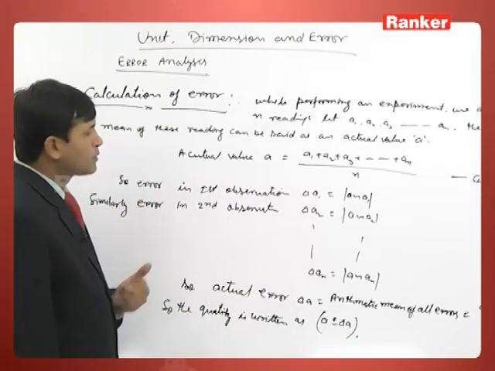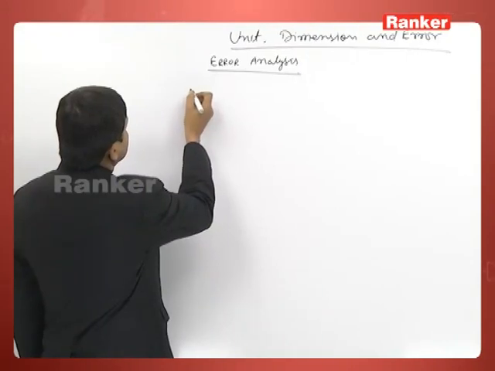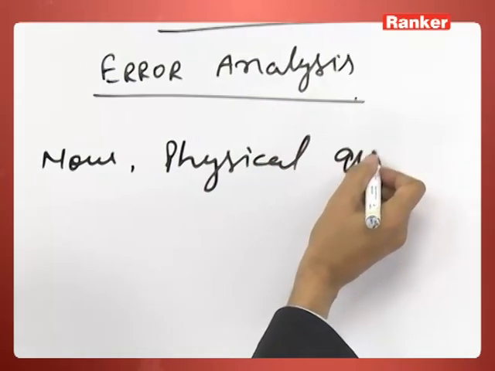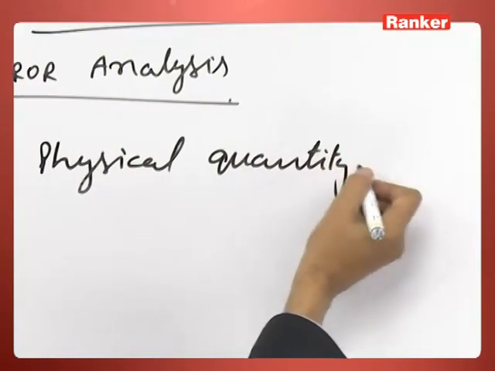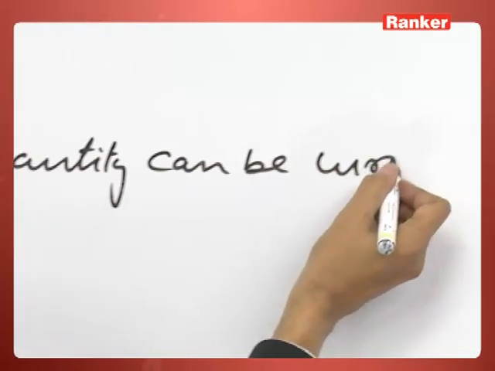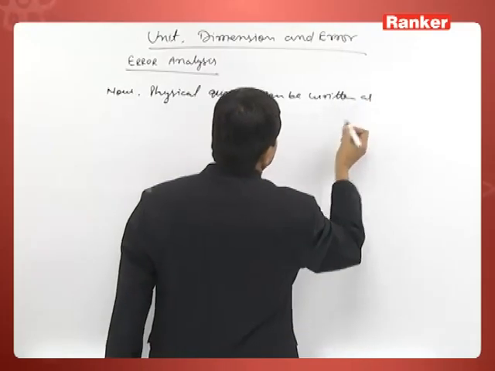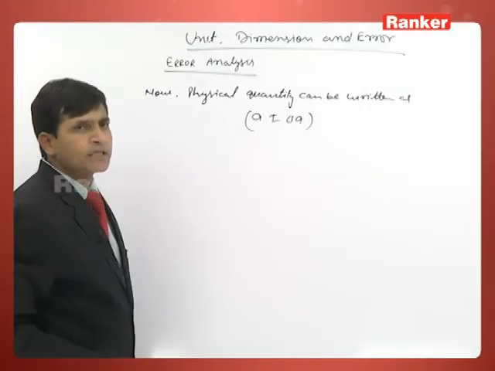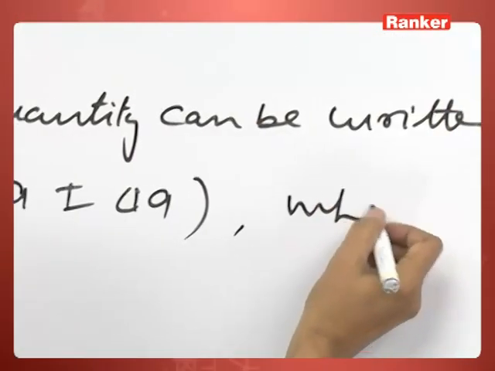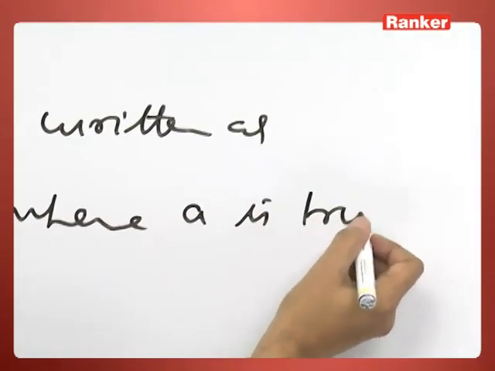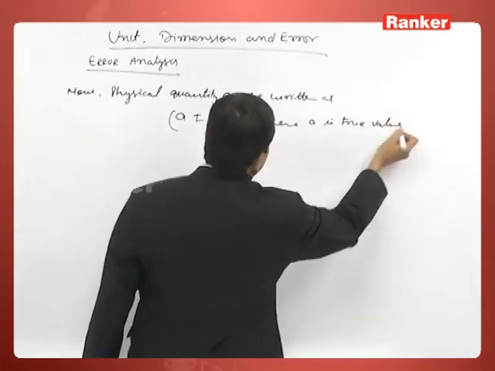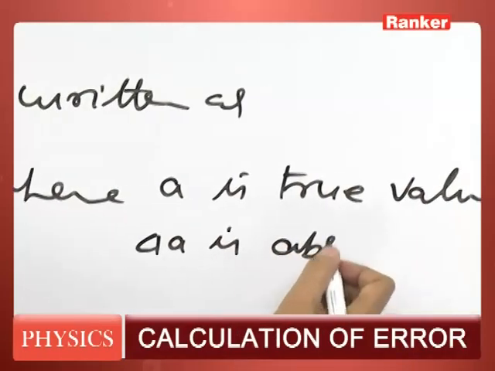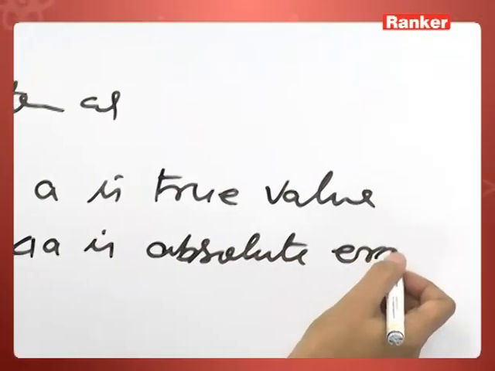Now come to the propagation of error. A physical quantity can be written as A plus minus delta A, where A is the true value and delta A is the absolute error.